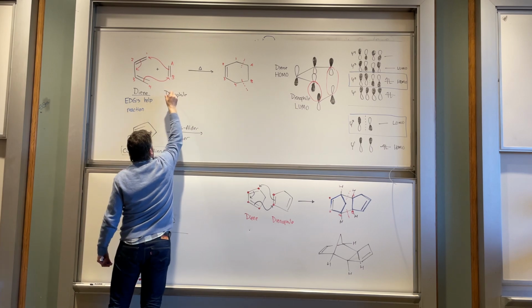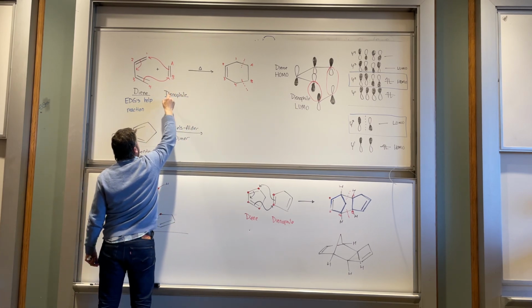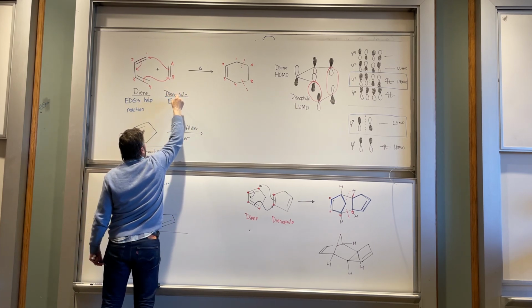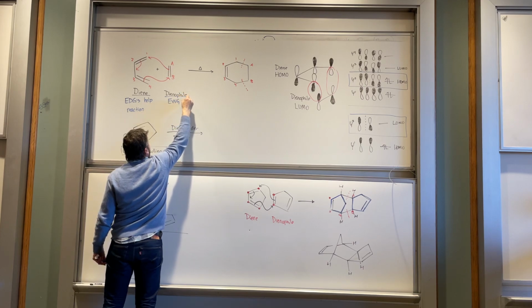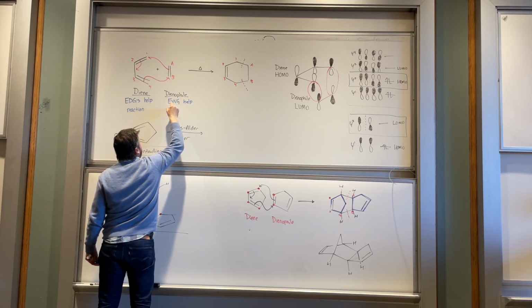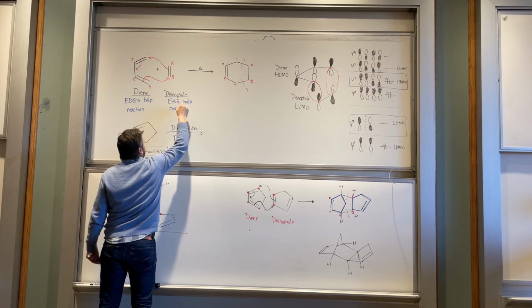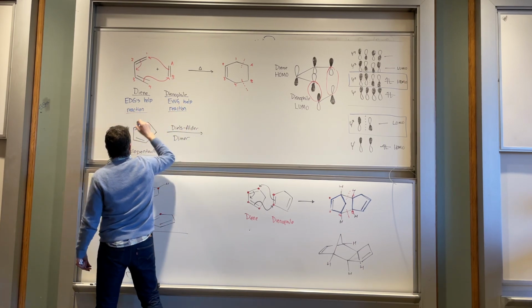Right? And the dienophile needs to be electron poor, so we usually need some electron withdrawing group or groups on the dienophile. Right? And that's really to help out with the orbitals.